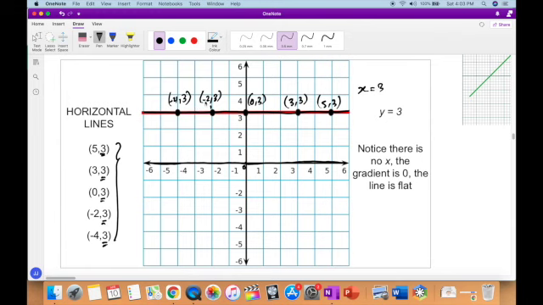Is the y value staying the same? So this is the line y is equal to 3, right? So the equation of this horizontal line is y is equal to 3.